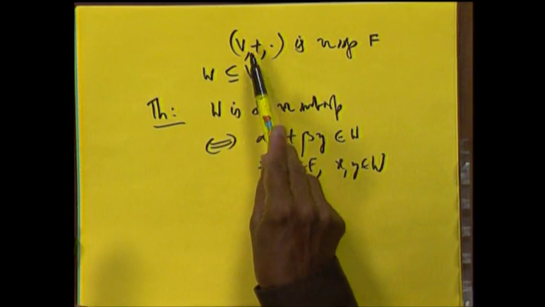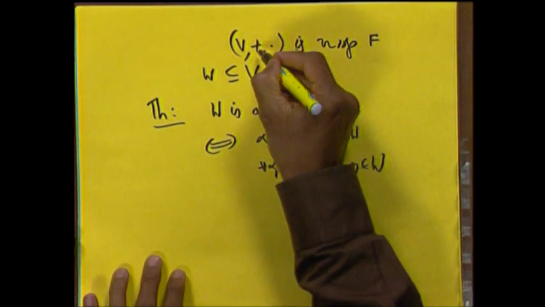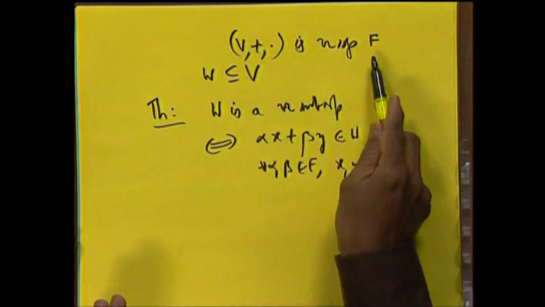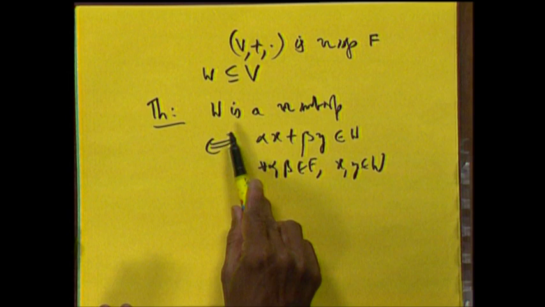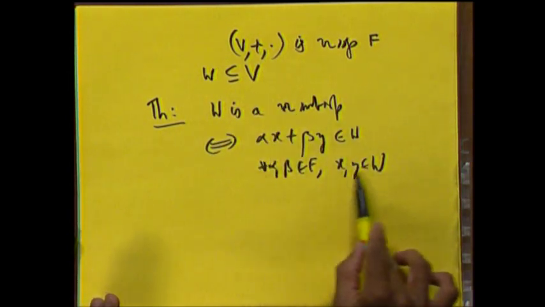Here we are assuming W is a subset of a vector space V on which we have vector addition and scalar multiplication, and F is the underlying field. W is a vector subspace in V if and only if this condition is satisfied.